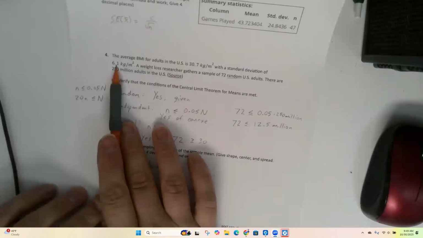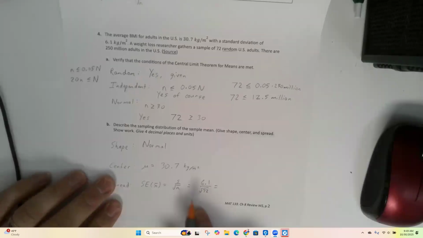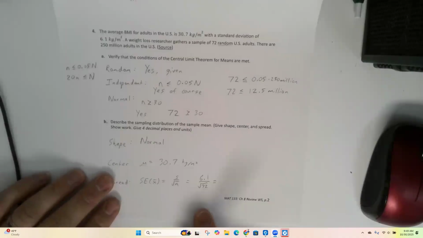The standard deviation they gave us was 6.1. The n they gave us was 72. Can someone calculate that out for me?